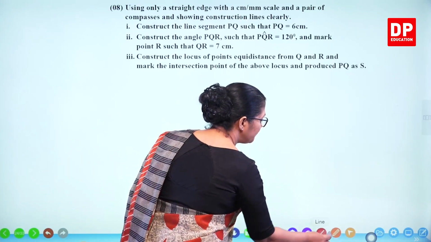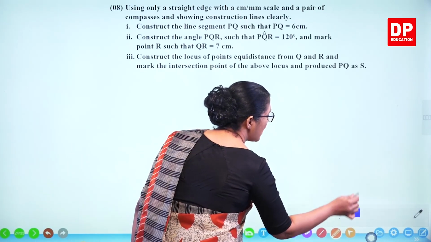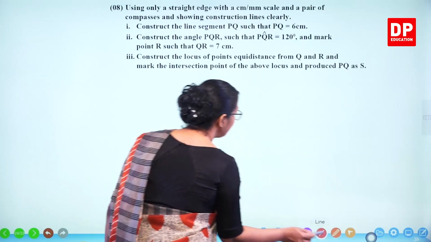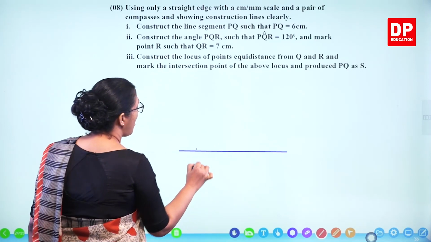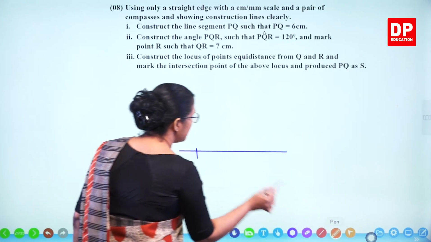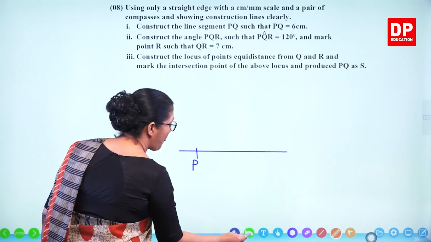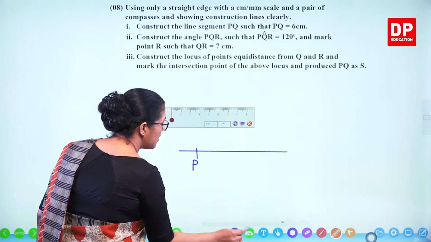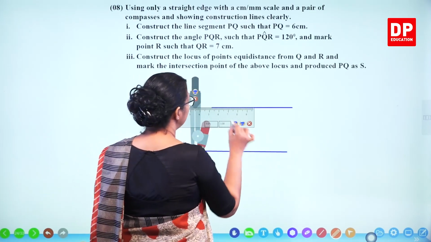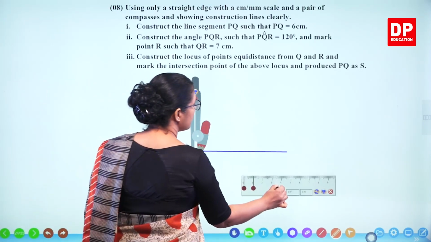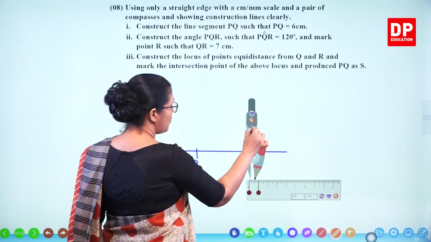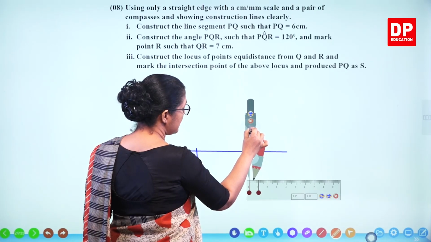So what you do? You take the ruler and draw a line. And you can mark a point, that's mark P. Then you take the compass and the ruler, measure 6 centimeter length.